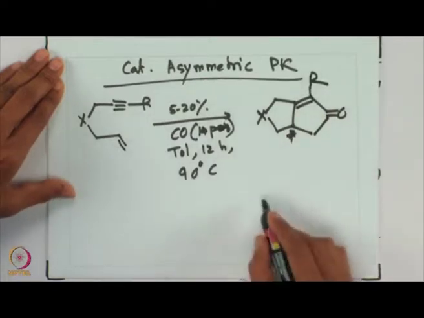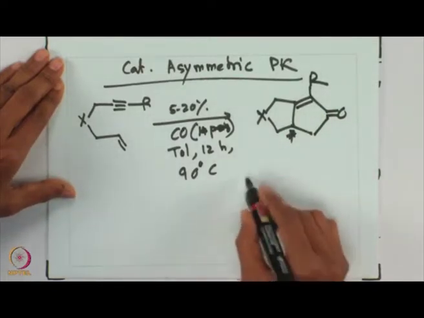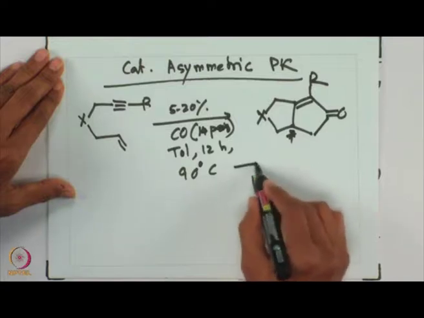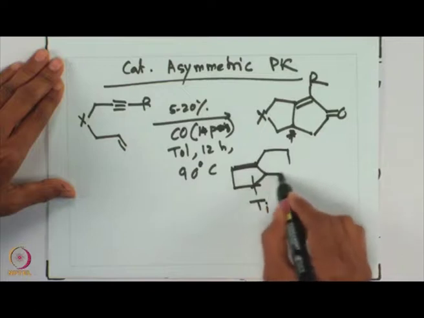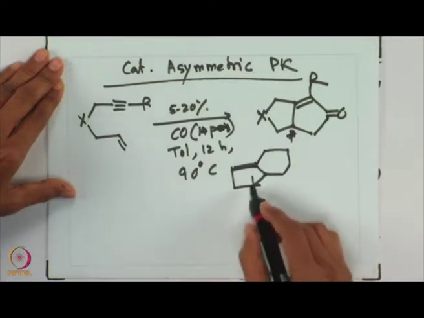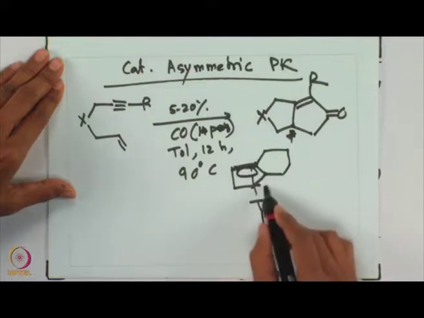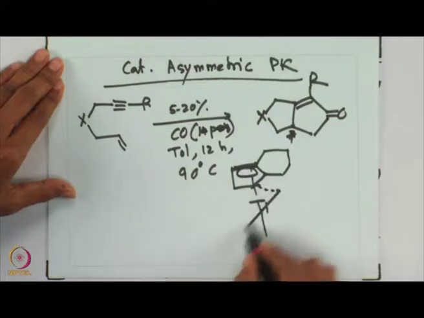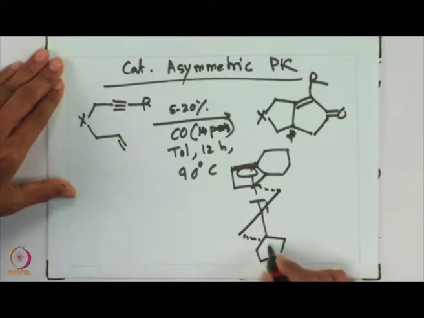The catalyst that is used for these cases is a quite interesting one, and nowadays it is a very familiar one and popular one as well. And this gives the product quite efficiently, and this product formation can be done under relatively mild condition, as you see 90 degree C is very efficient for this sort of product.